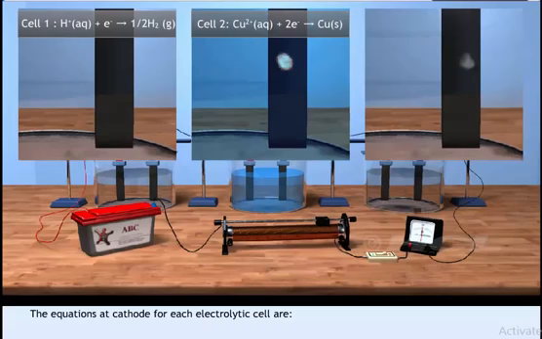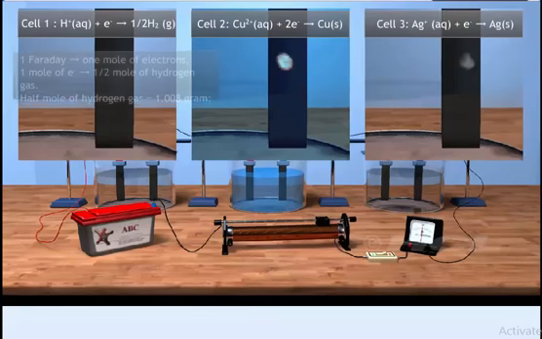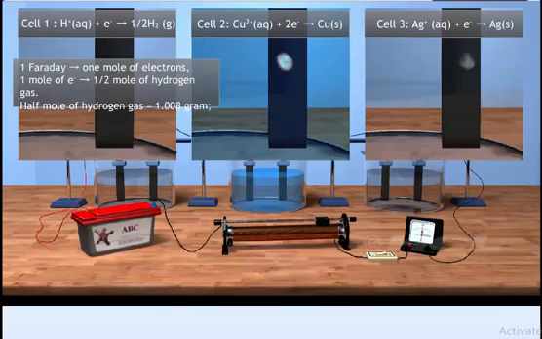In cell 2 we have Cu2+ aqueous plus 2 electrons giving Cu solid. In cell 3, Ag+ aqueous plus electron gives Ag solid. 1 Faraday gives 1 mole of electrons. 1 mole of electron gives half mole of hydrogen gas. Half mole of hydrogen gas equals 1.008 gram.